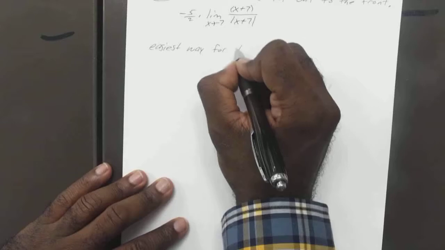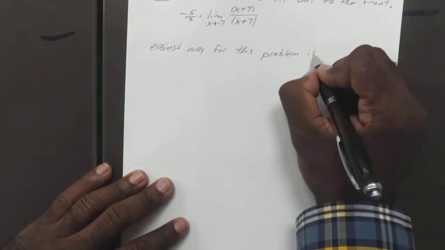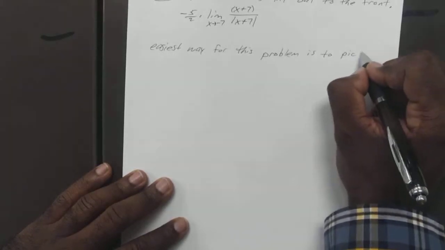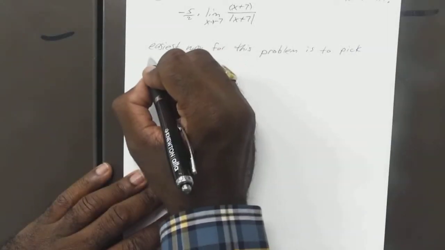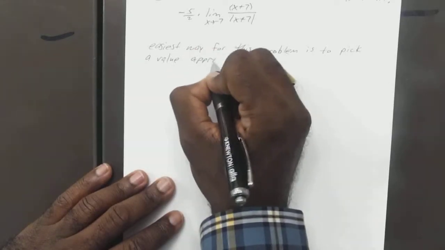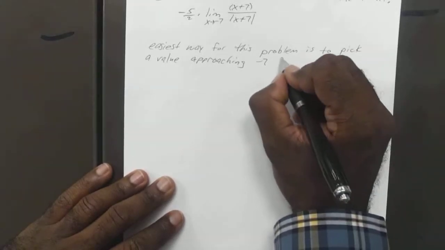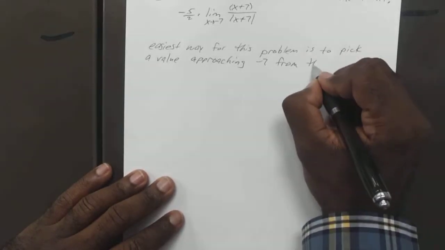So the easiest way for this problem is to pick a value approaching negative 7 from the left and right.